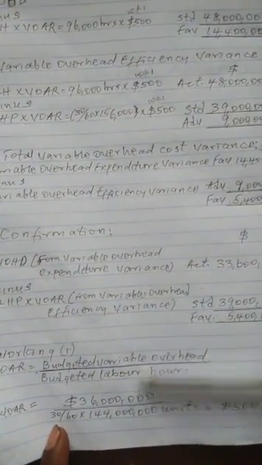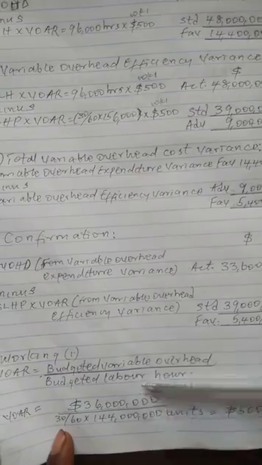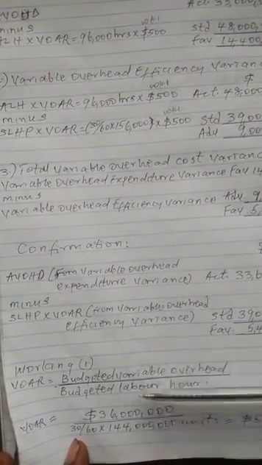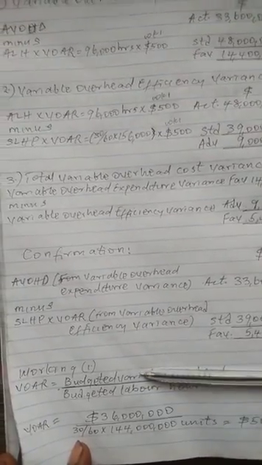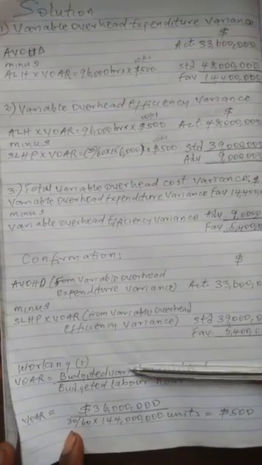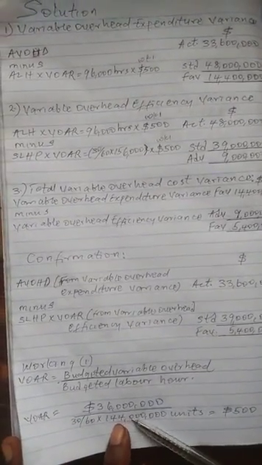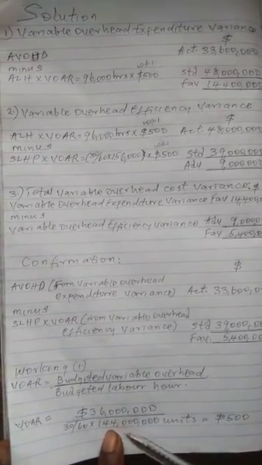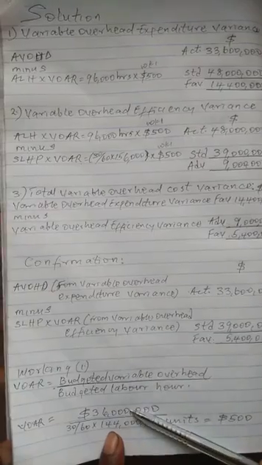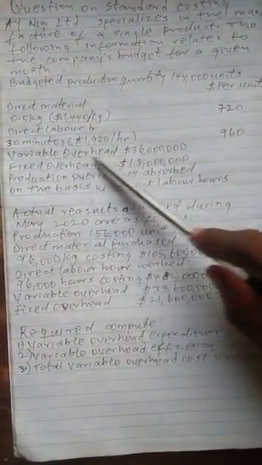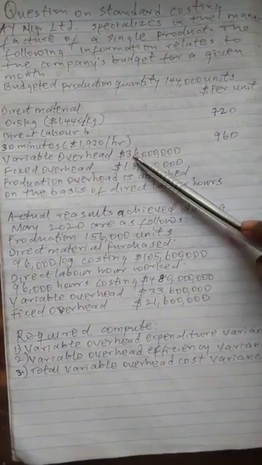That is why I said, if you're talking about variable overhead or fixed overhead, there must be a budgeted production. Look at it, this is budgeted production: 144 units. This budgeted variable overhead is given directly: variable overhead, $36 million.